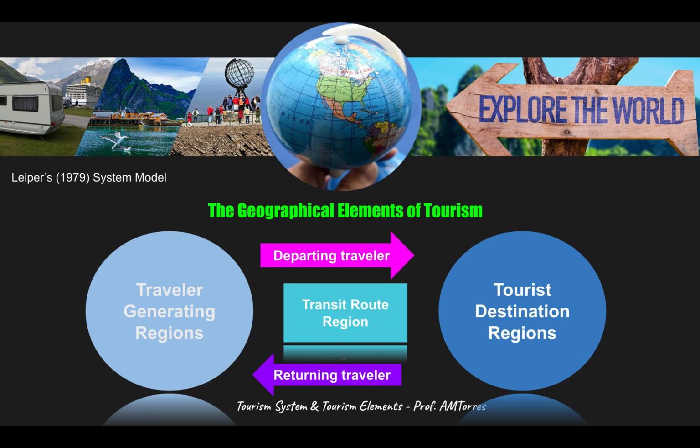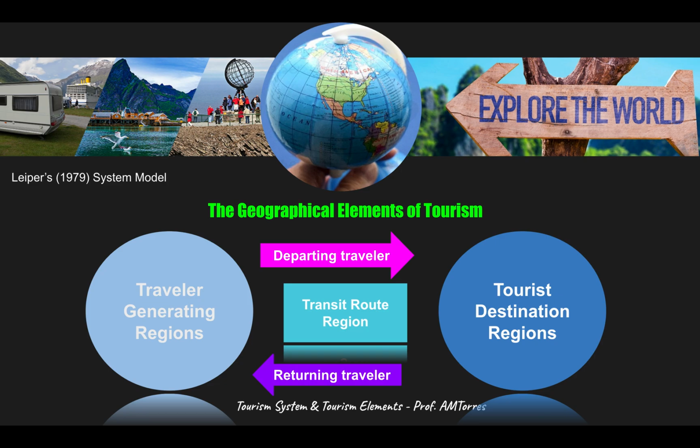This model was given to us by Leiper in 1979, and this is called Leiper's system model. So in this model, we see that there are two regions.